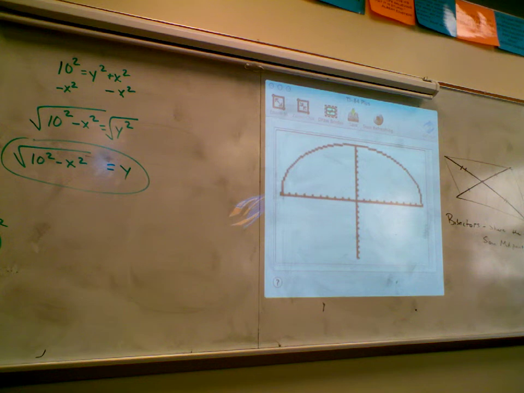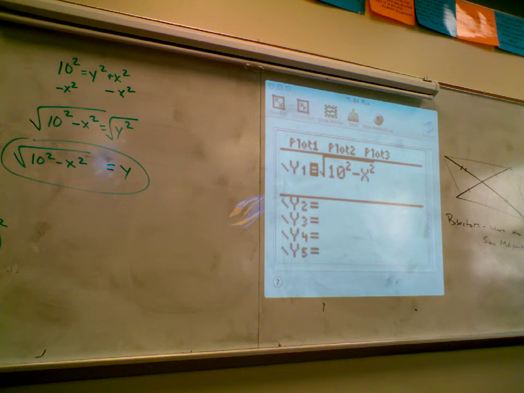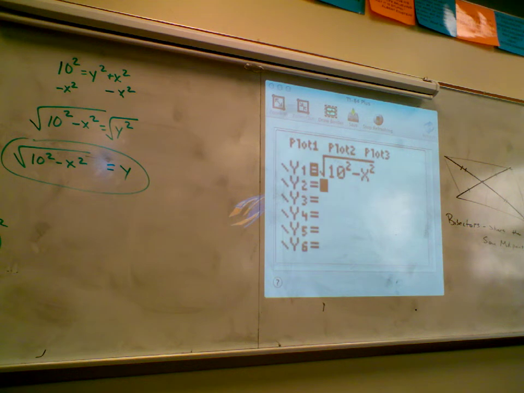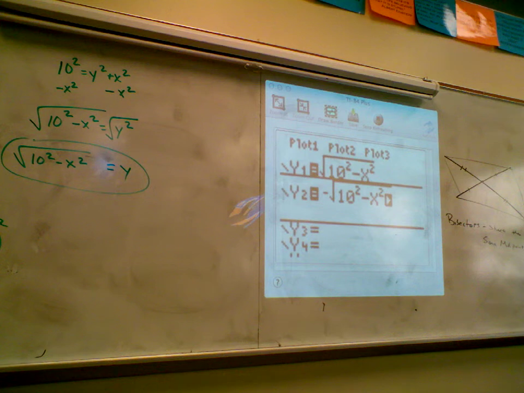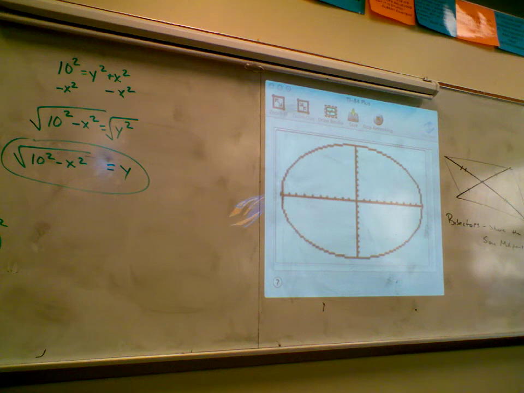So if I want to have the other half of my circle, I need to do the same equation, but this time I need to put a negative in front. Do not put a negative 10 in. So it looks like that. And once we graph that, we get this.